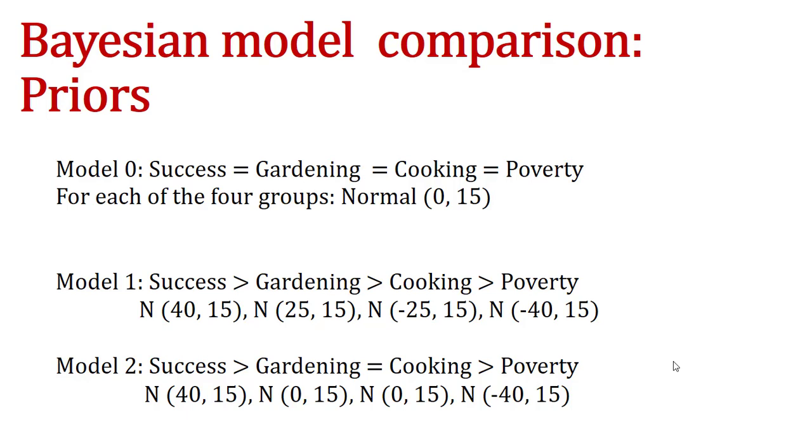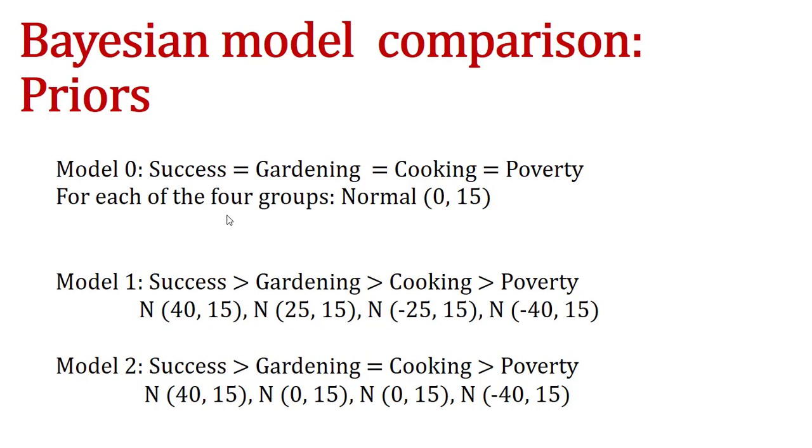Okay, so what I did is to generate 3 models with different types of priors. For the model in which all the means are different, I established 4 prior distributions, one for success, one for gardening, one for cooking, one for poverty, and they are all a normal distribution with a mean of 0 and standard deviation of 15. So the expected value for the 4 categories is 0, but there is a dispersion of 15, quite a large dispersion.